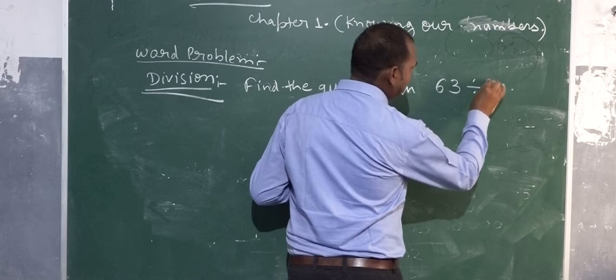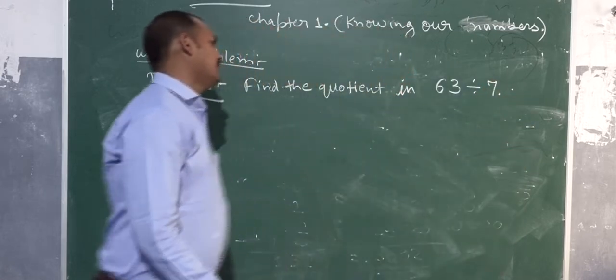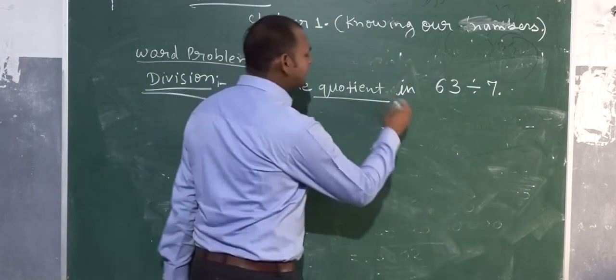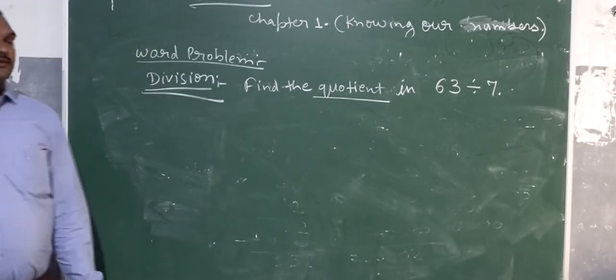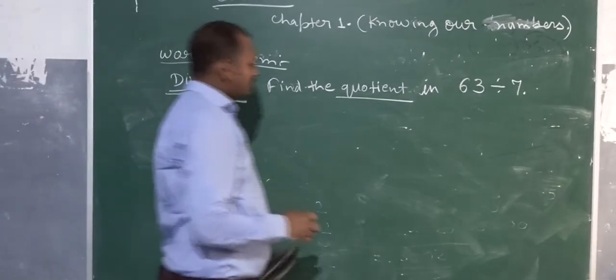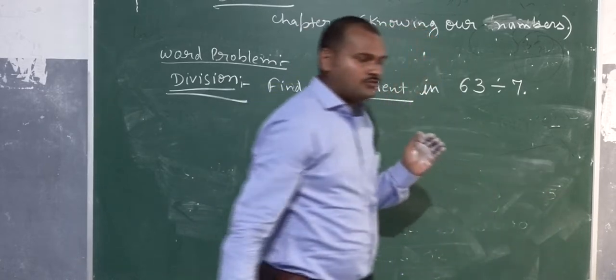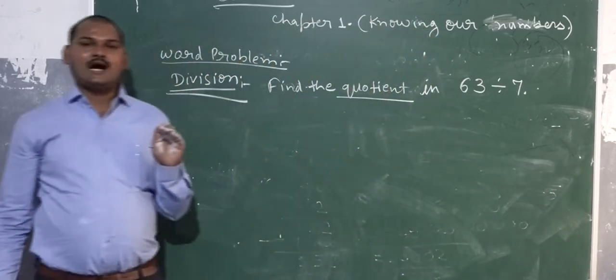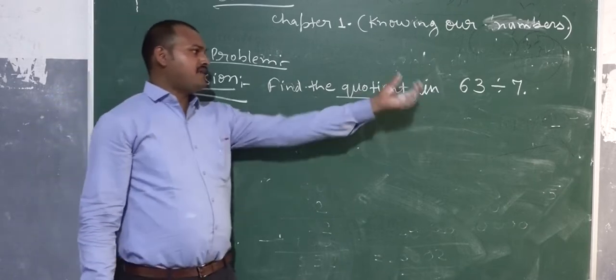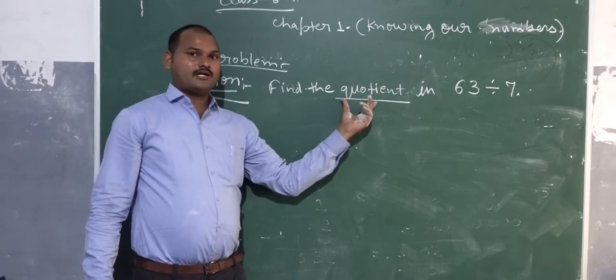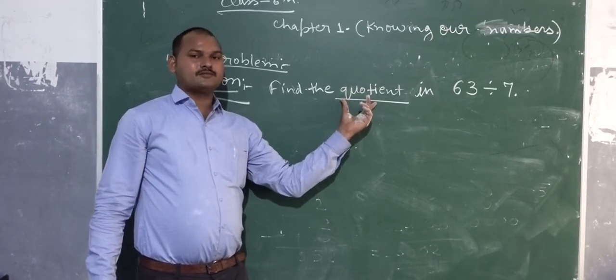Find the quotient in 63 divided by 7. Here the word is quotient. The spelling, read more carefully: Q-U-O-T-I-E-N-T. What is the meaning of quotient?